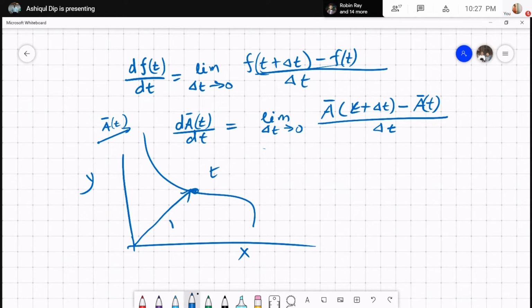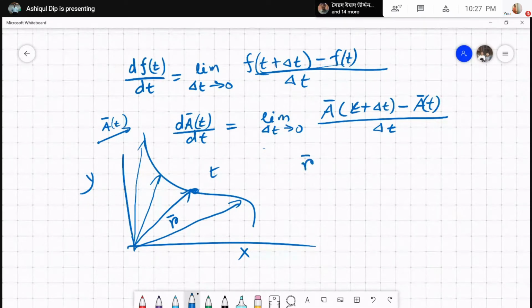We have this r. So this r is going to change over time, right? It'll trace out this line. This position vector will trace out this trajectory, as you can imagine, as it changes over time. So your r is now a function of time.